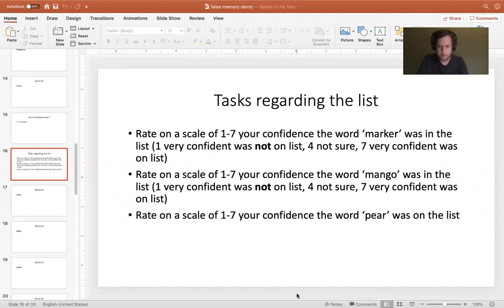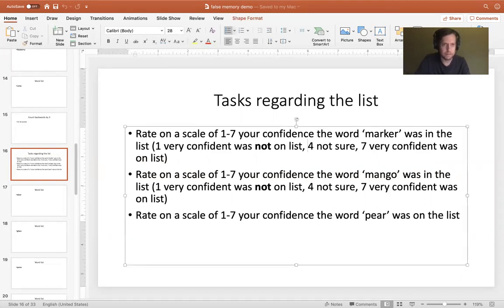I think my PowerPoint froze. There we go. What's the shortcut to force quit? Anyone know off the top of their head? Shortcut to force quit on Mac. Oh, I don't know on Mac. I'll have to Google it. Force quit.